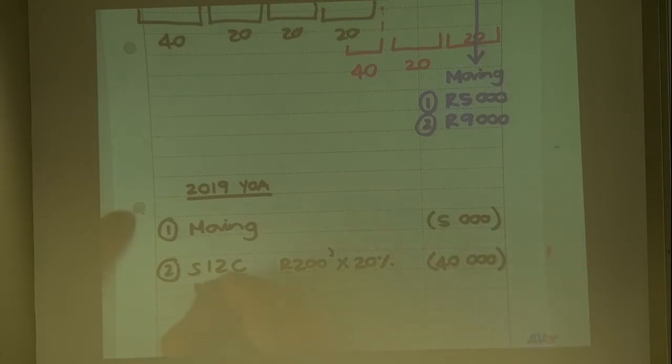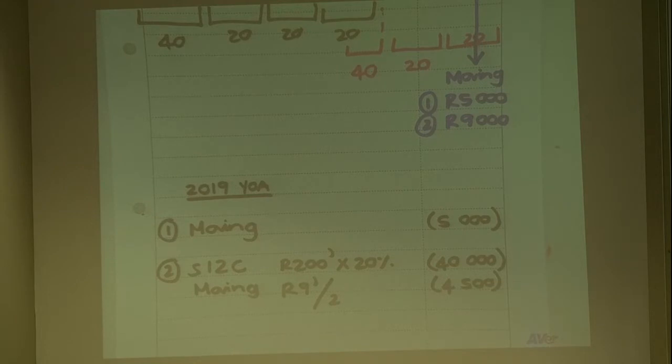And then in terms of the moving costs, they tell us that the moving cost is 9,000 Rand for this asset, and we divide it equally by the number of years left over, including this year. So we divide it by 2, and our moving cost that we claim in this year is 4,500 Rand.